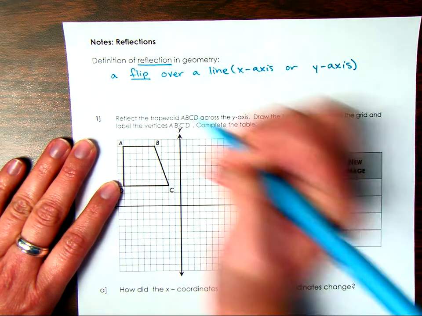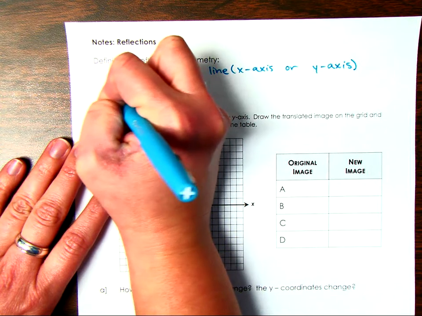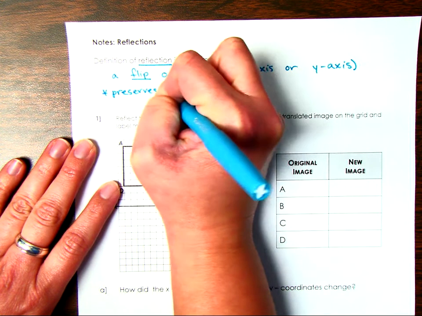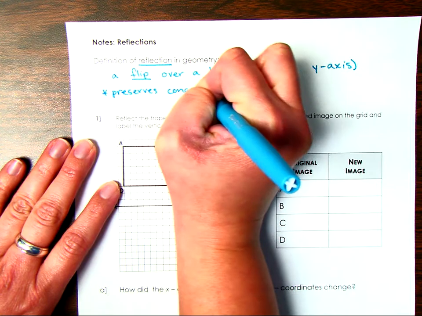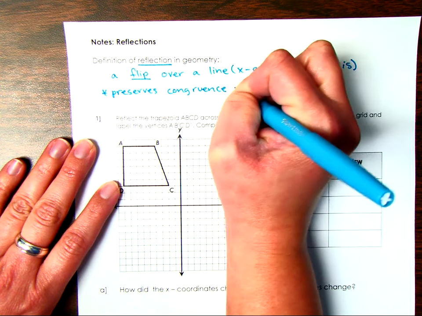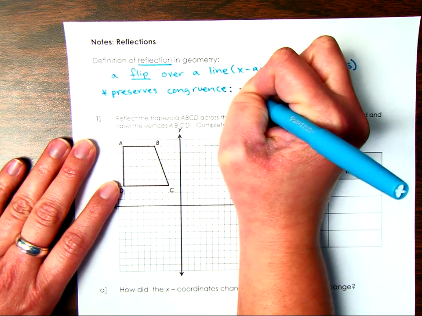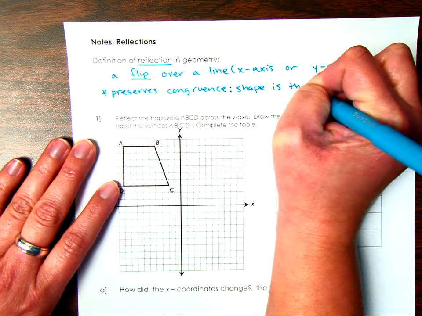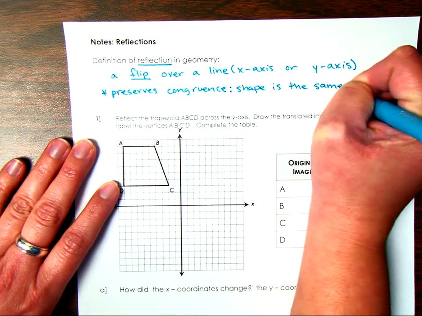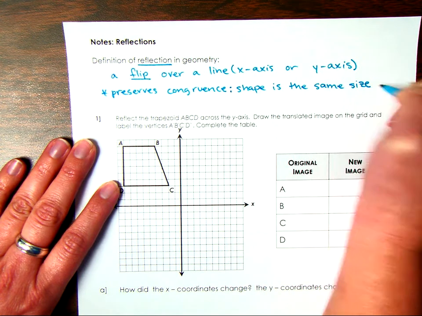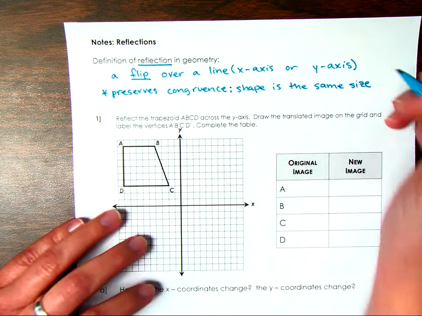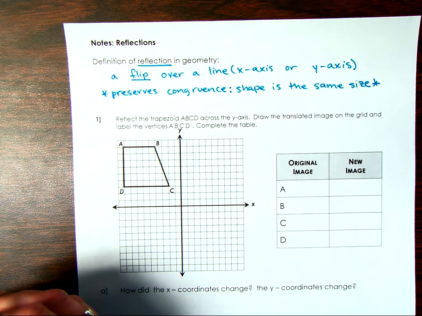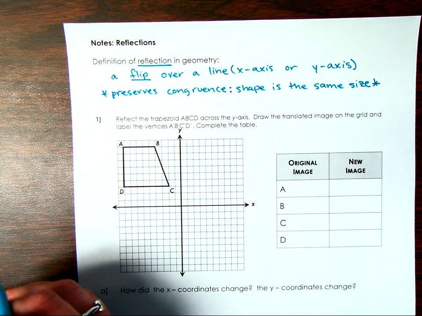Important to note, a reflection preserves congruence, and what that means is that the shape is the same and the same size. Just like a translation preserves congruence, because you're just sliding that picture one way or the other, we are preserving congruence with the reflection.